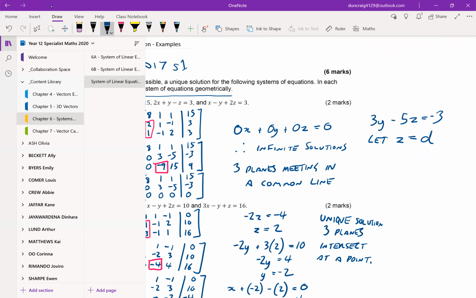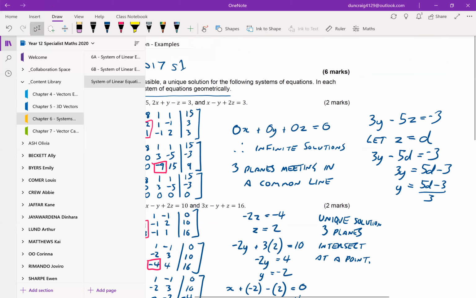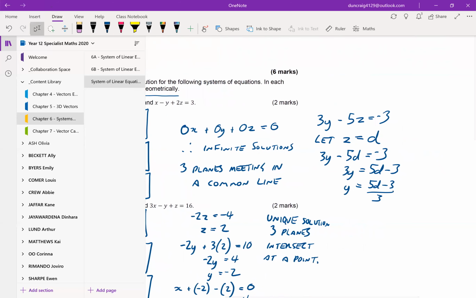So if z is equal to d, then 3y take 5d is equal to minus 3. So in which case 3y is equal to 5d take 3. So then y is equal to (5d take 3) over 3. So basically, if z is a particular value, y is going to be a particular value in terms of that.